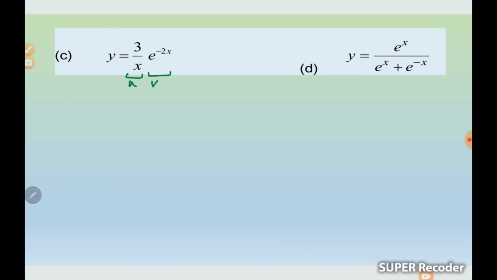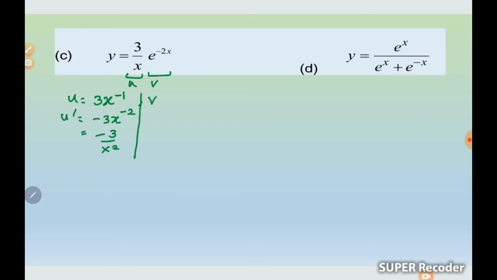So we write first u equals 3 over x. I change it to 3x to the power of negative 1. So u prime equals negative 3x to the power of negative 2. Then I simplify to get negative 3 over x squared.